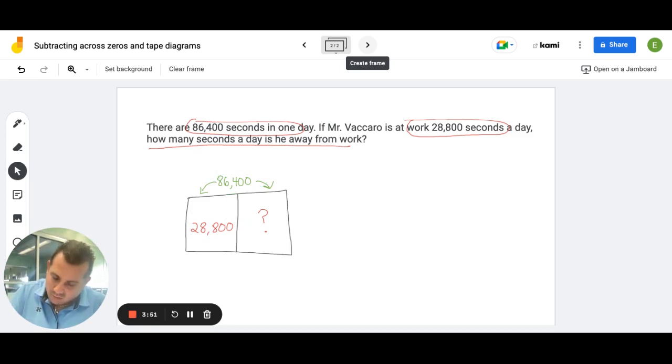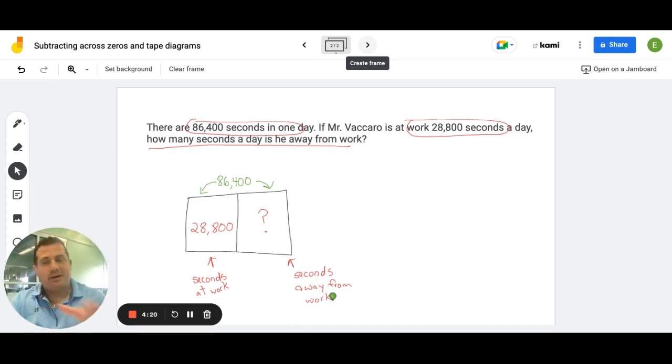But I don't know one of the parts. So I am going to label this 28,800 as seconds at work, and what I'm trying to find is seconds away from work.